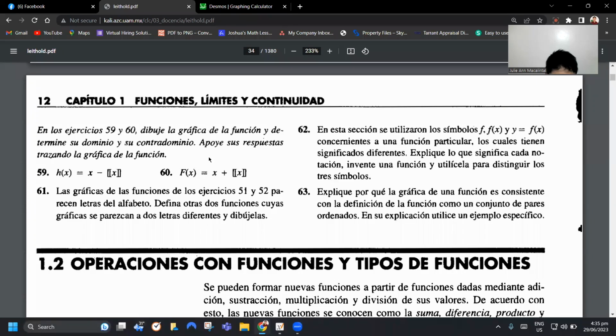Okay, so support your answer by graphing the function. May graphing na function.